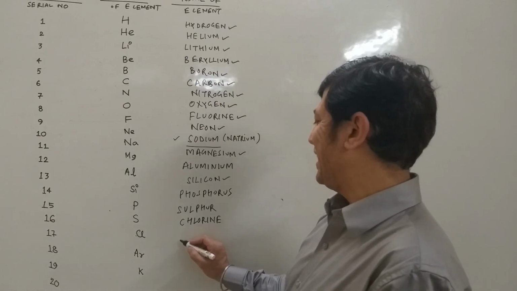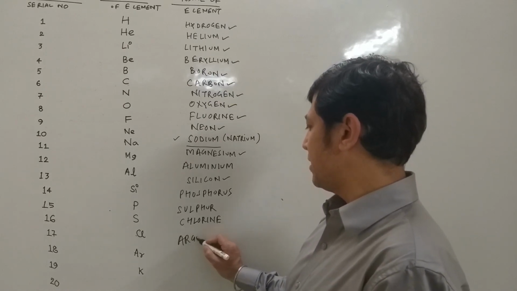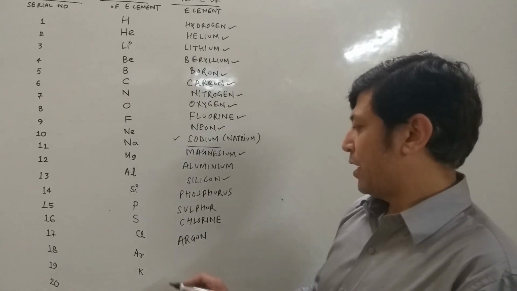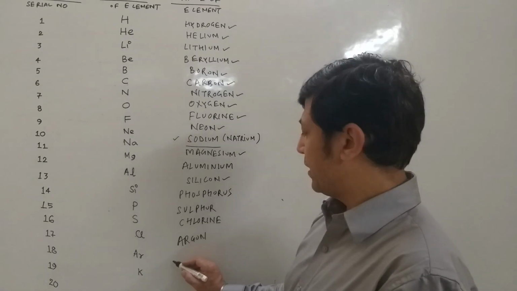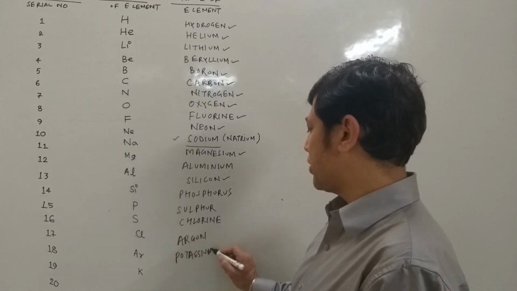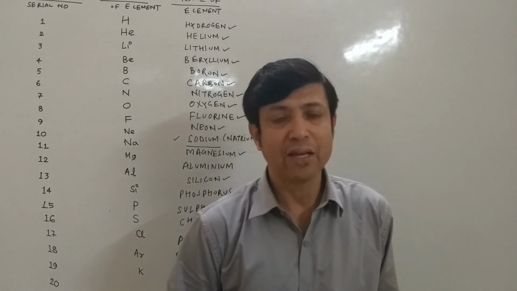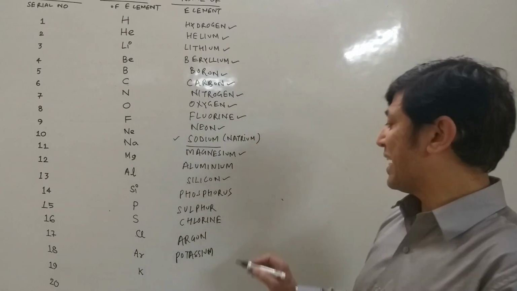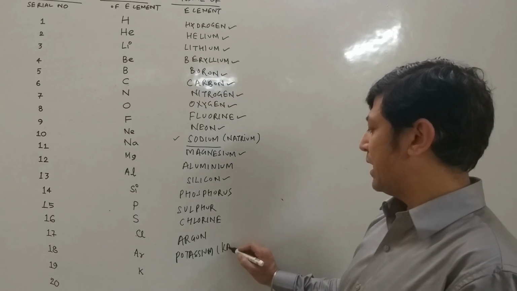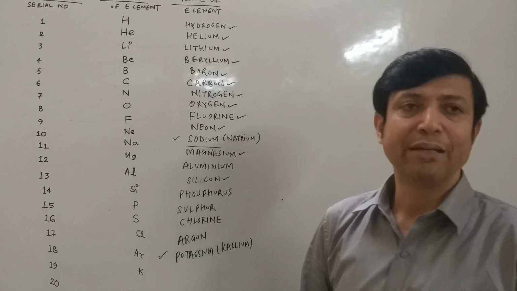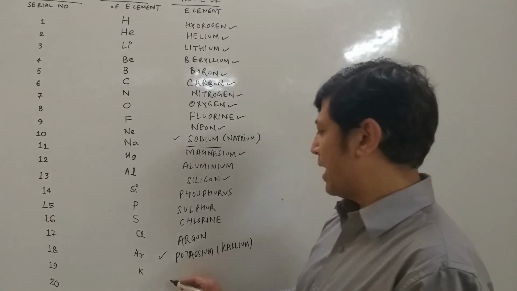Atomic number 18 is argon, the symbol is Ar. Atomic number 19 is potassium. The symbol for potassium is K. K is actually kalium, which is the Latin name again for potassium.